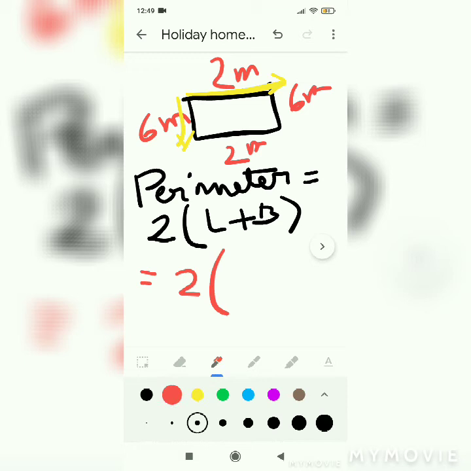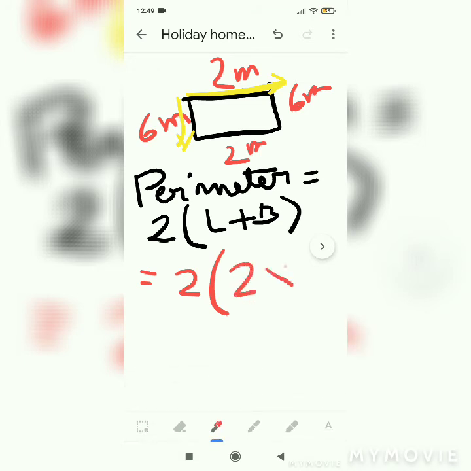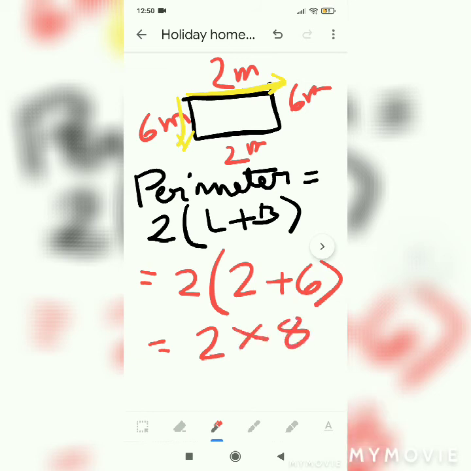So 2 into 2 plus 6. So 2 into 6 plus 2 equals 8. 2 into 8 equals 16 meter. Here we will not put square.